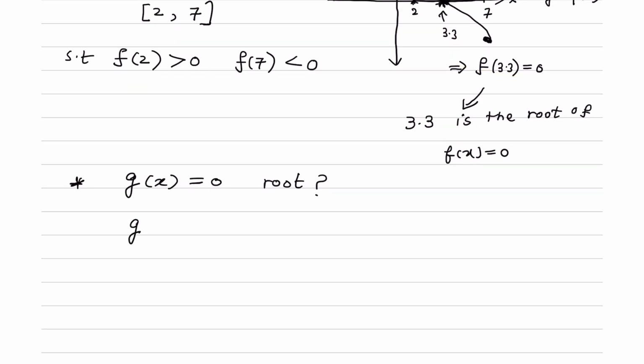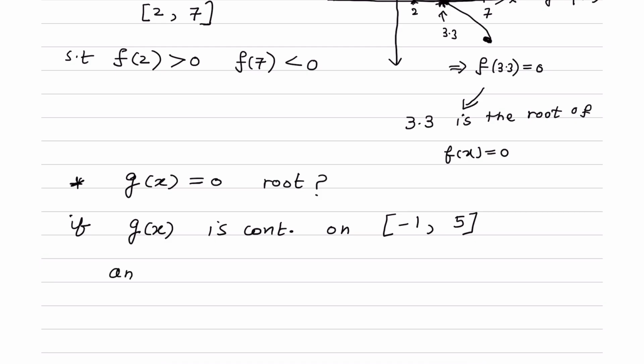So first we will look at the graph of g of x. If this function g of x is continuous on, let's say, the interval -1 to 5, it means that when you draw the graph of g of x, there is no gap, it is smooth, it is continuous.